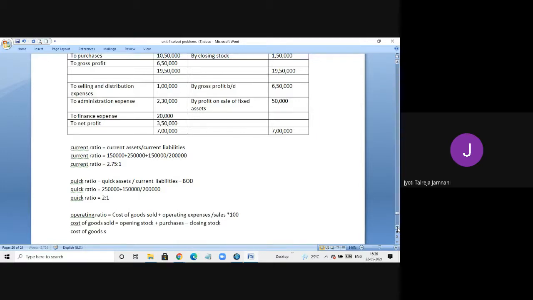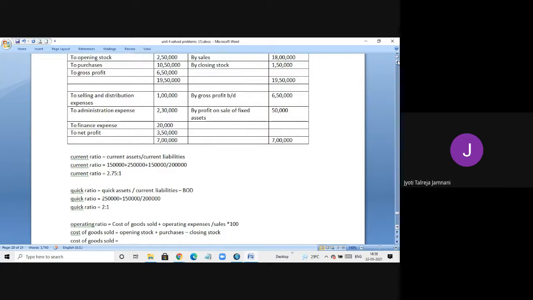Cost of goods sold equals opening stock given in the question, 2,50,000, plus purchases 10,50,000, plus direct expenses also we take, but nothing is given in the question, so I'm not taking it here, minus closing stock 1,50,000. So if we solve this equation, we get 11,50,000 as cost of goods sold.